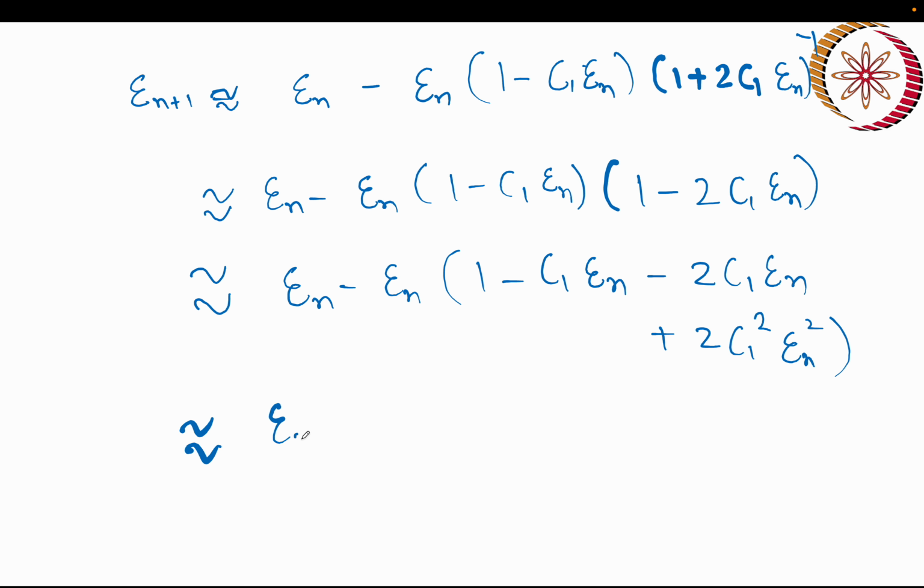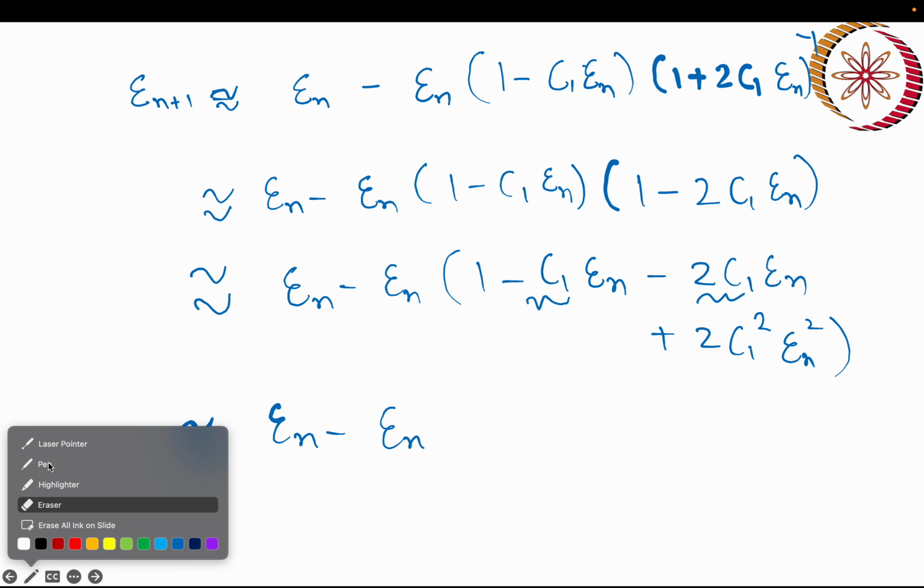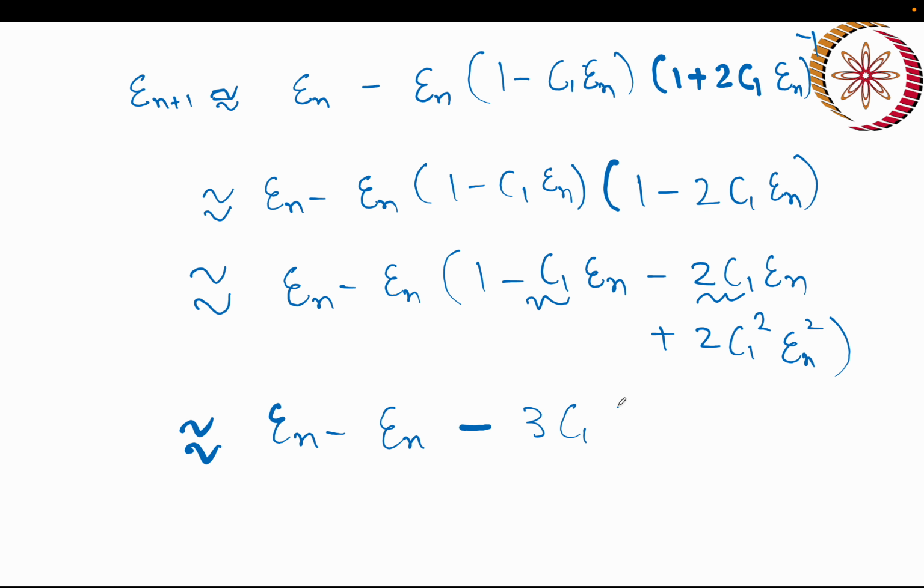If we see epsilon n minus epsilon n plus c1 epsilon n square, there are two terms with c1 and 2c1, so it will be minus 3c1 epsilon n square, and minus plus, and this will be minus 2c1 square epsilon n cube.